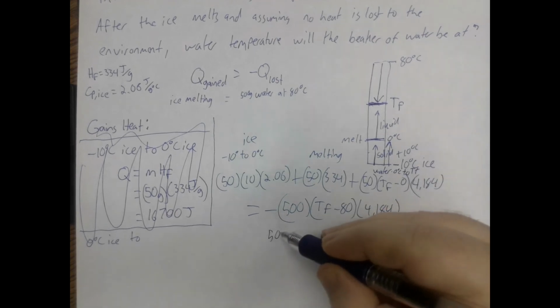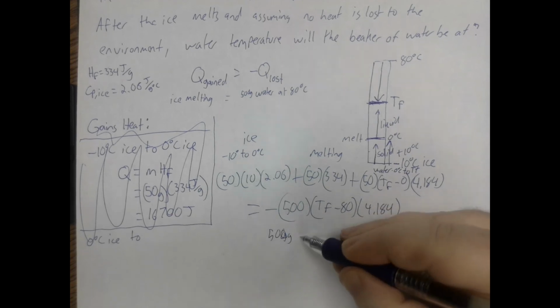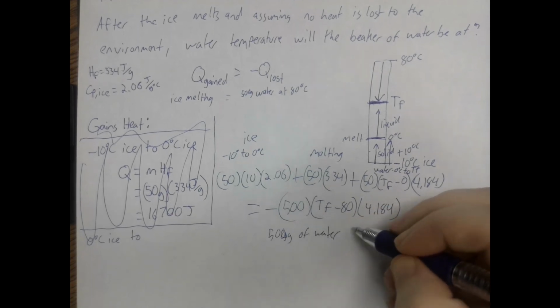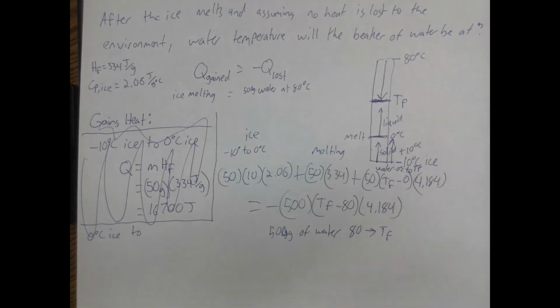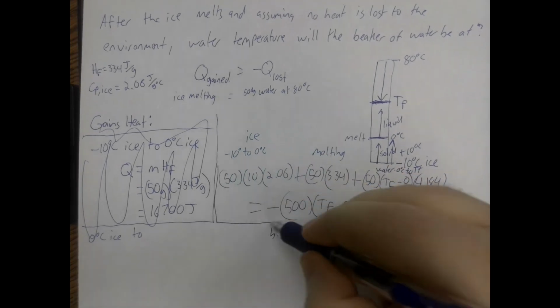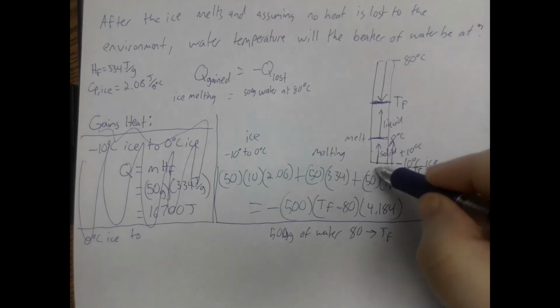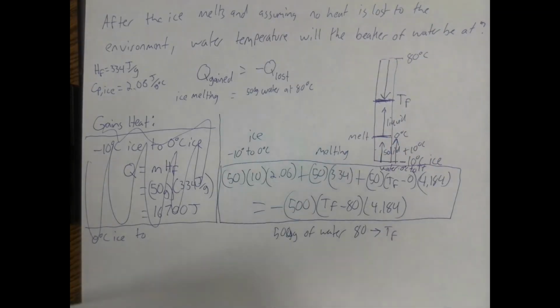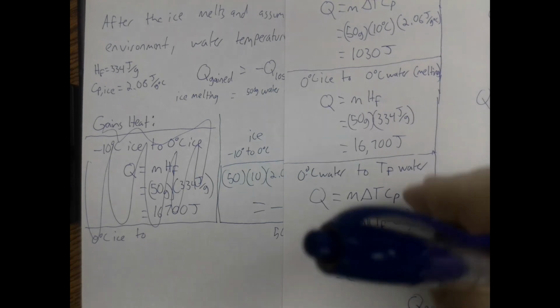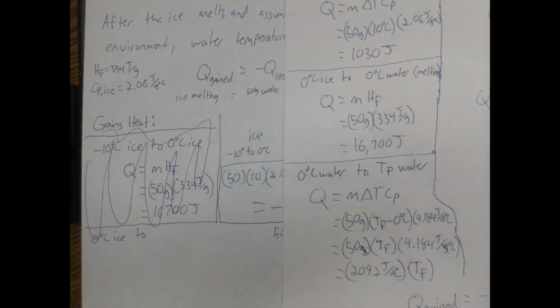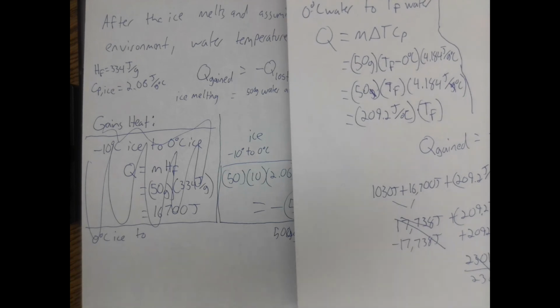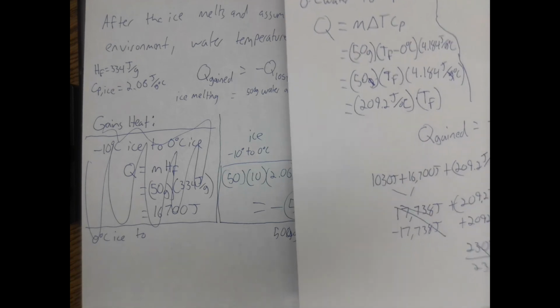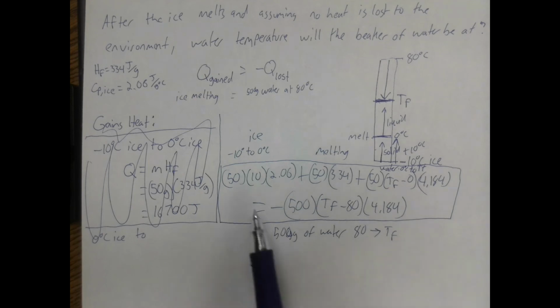And this would be the 500 grams of water going from 80 to TF. And I just do it as one equation at the start. If you want to break it up and do it in sections and then add it together at the end, whichever is easier for you. You can do it either way. Personally, I just deal with one large equation.